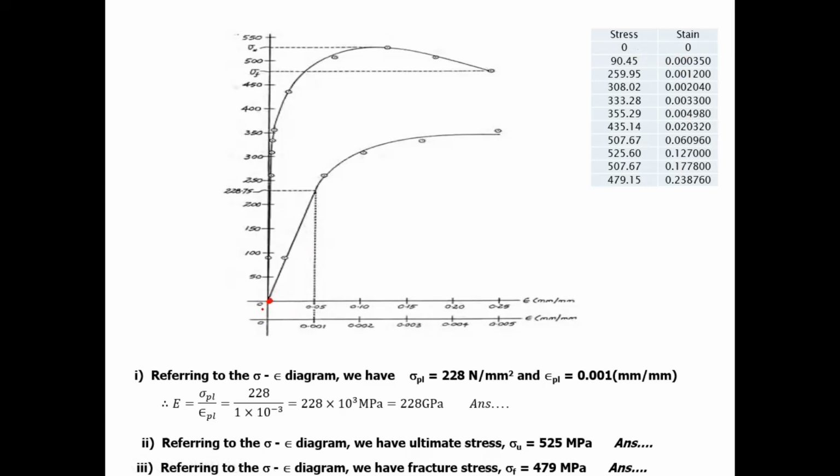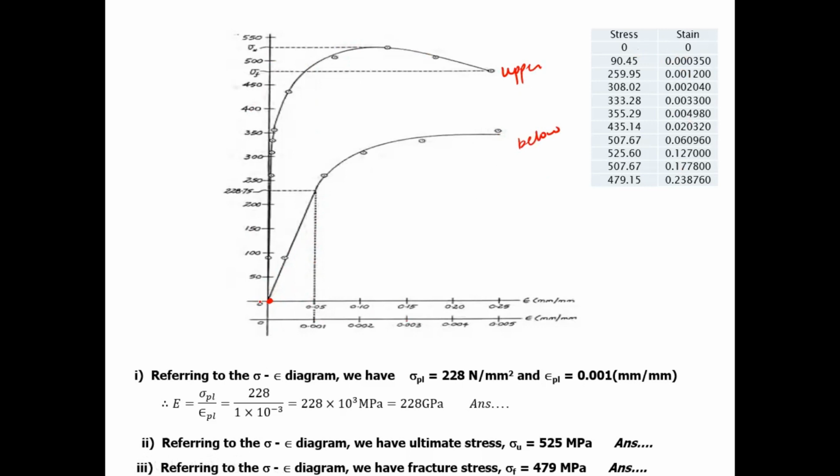Now we make two graphs. From the first graph, we determine E. And from the second graph, we determine the ultimate strength and failure stress. So for the first graph, the below one, and the upper graph for the second. I just say that, I don't need to write it.